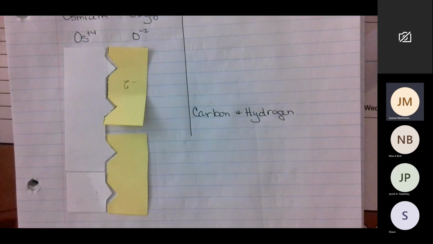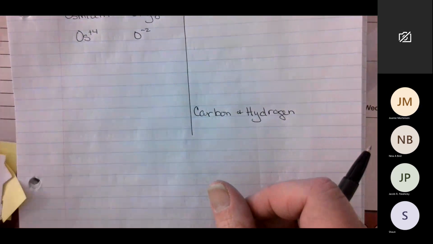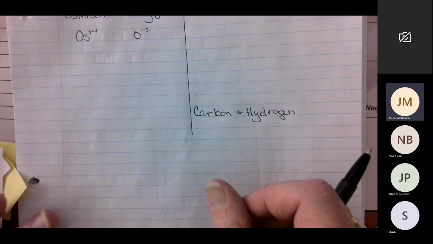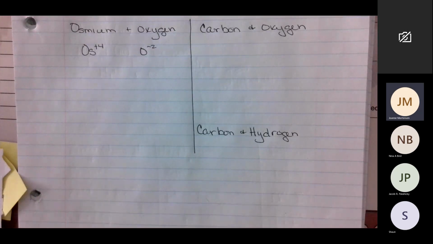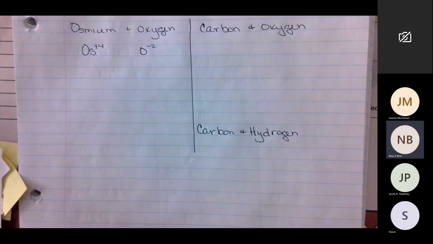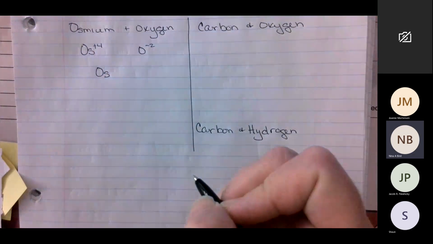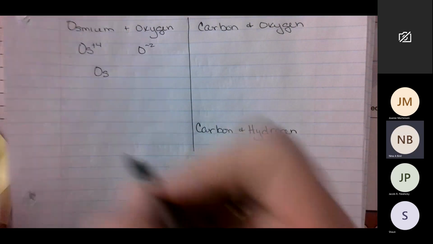In case you want to see all the chippies. So whose turn? Nina, it's your turn. I'm curious about carbon. I know, but we have to do osmium first. Nina, can you tell me what to write so that we can do the fun stuff? OsO2.